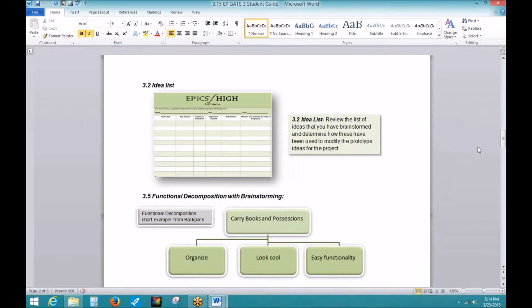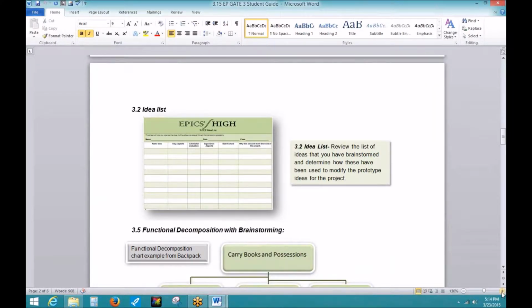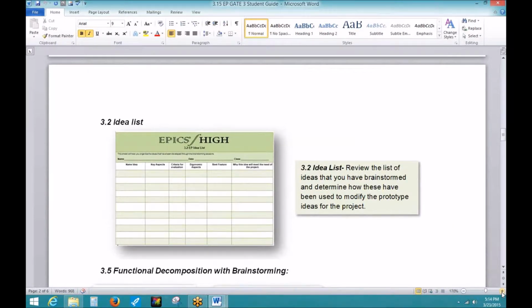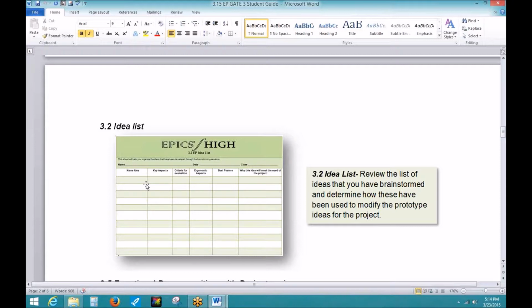Your idea list is just a way for your students to get their ideas and somehow get them down. I'm going to try to make this a little bigger. Again, it's kind of like your materials list, because it's one of those things that they're going to use to really define their budget and so forth.